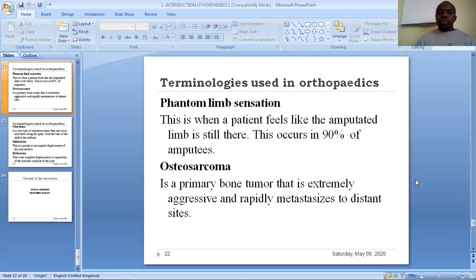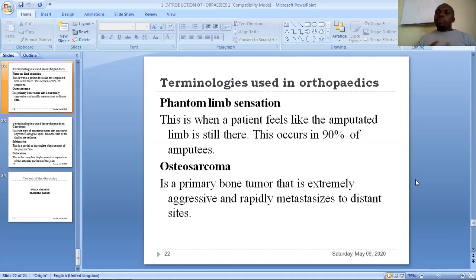The other terminology to look at is osteosarcoma. As you understand, osteo comes from bone tissue. Sarcoma has to do with cancer. So this is simply a primary bone tumor that is extremely aggressive and rapidly metastasizes to distant sites. Remember, there are two classifications of bone tumors.